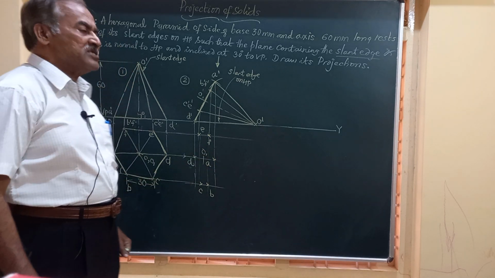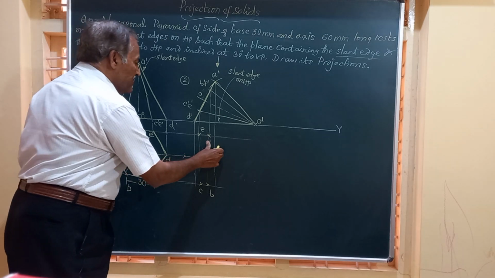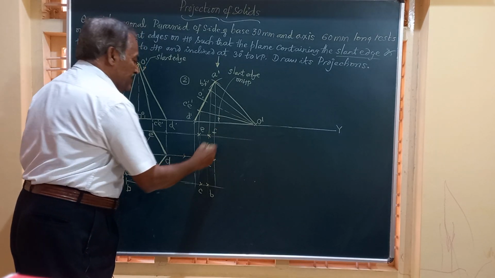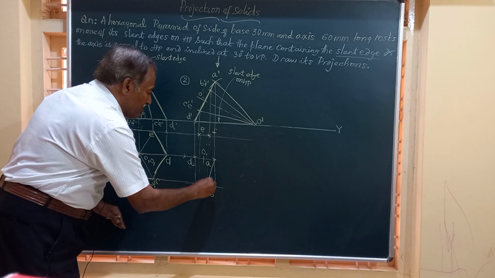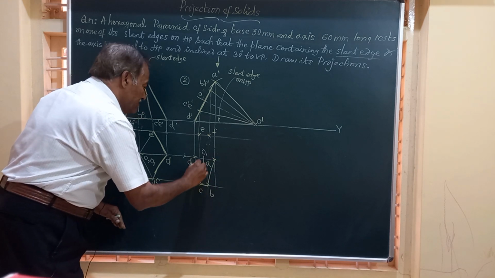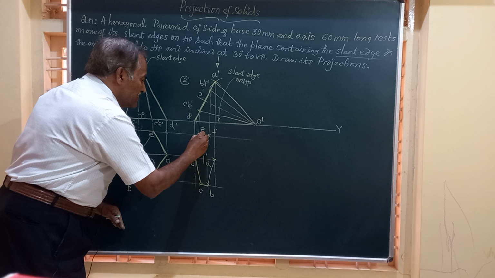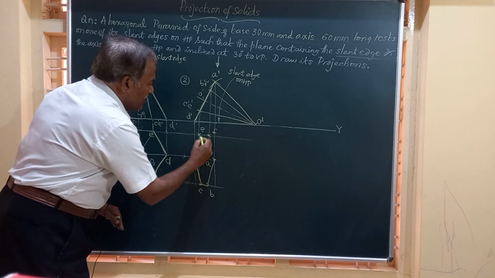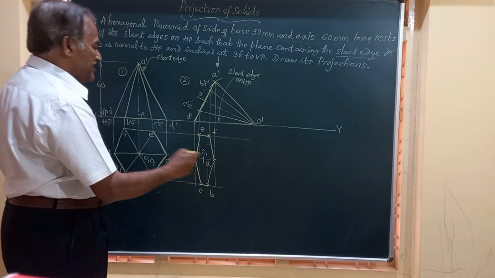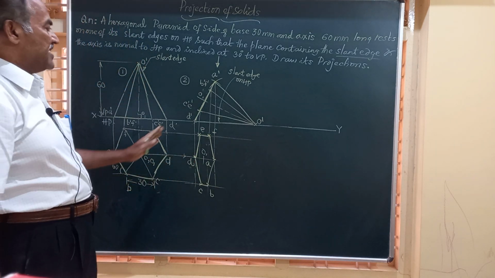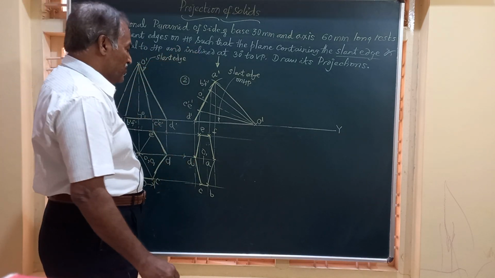Since you have got all the 6 corners of the base, we can join them by straight lines to obtain the base. Like this friends, I am going to join A to B, B to C, C to D, D to E, E to F, and F to A. So you get a distorted hexagon in the top view.